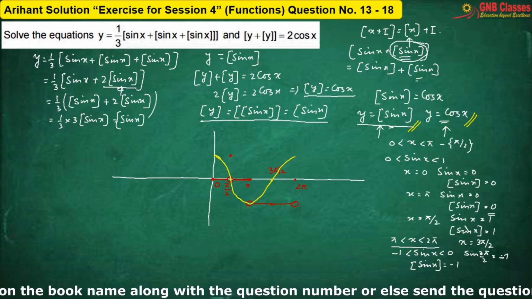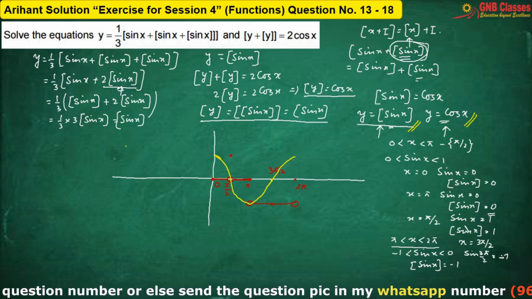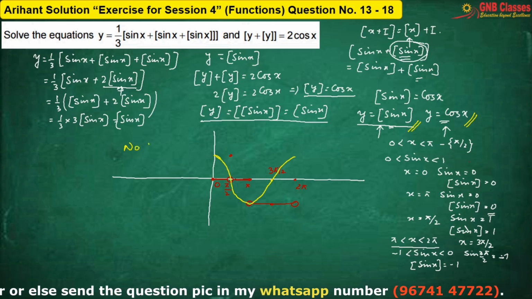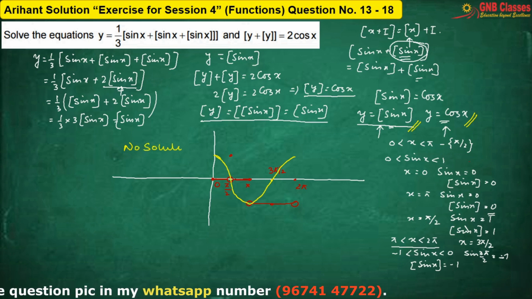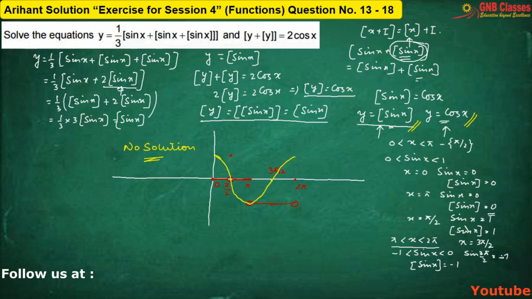Is it clear? Therefore, from here we can write that we are not going to get any real solution. So, no solution is possible for this simultaneous equation given to us. Is it clear to all of you? Let us move to the next problem.